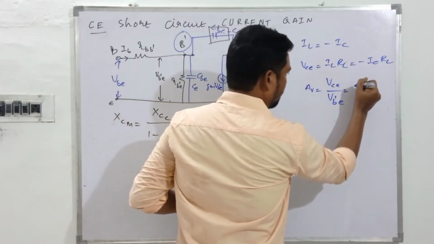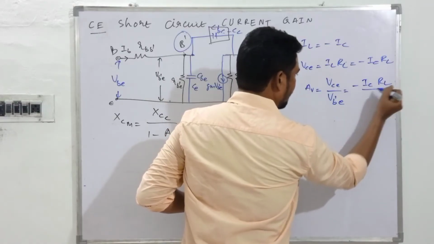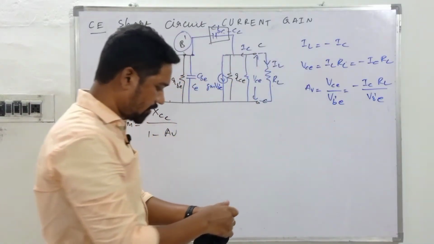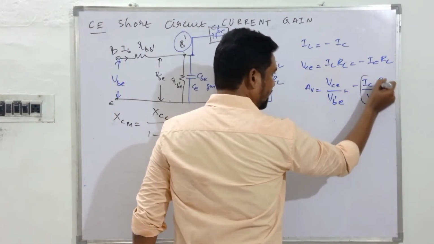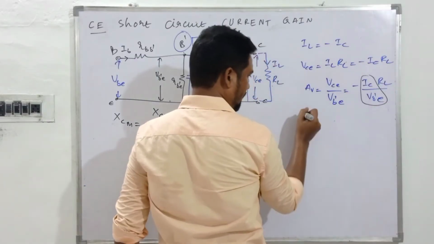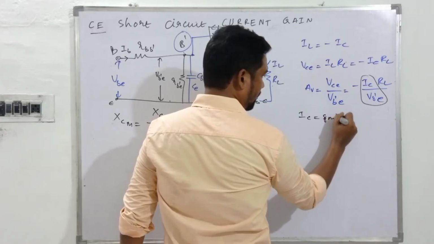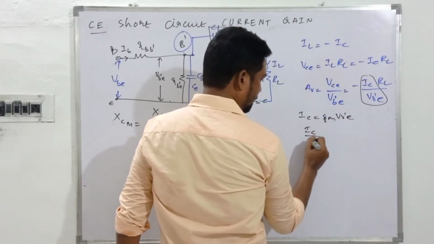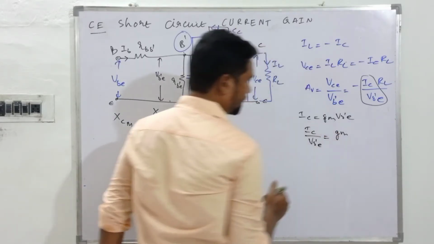What's that amount? Minus IC RL by VB dash E. Guys, from the previous knowledge, what is this ratio IC by VB dash E? Because we have IC is equal to GM VB dash E, isn't it? So IC by VB dash E could be plugged in with GM, transconductance.